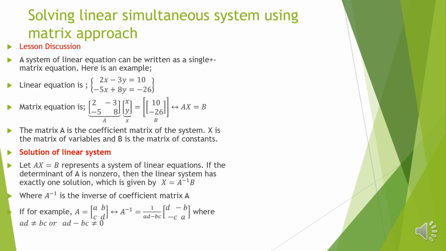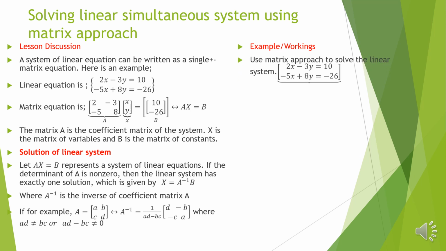By so doing, you are getting what we call the inverse. Remember, ad should not be equal to bc, or ad minus bc should not be equal to 0. Now, on the working side, I want to provide an example and use this discussion to see if we can master and solve that example.